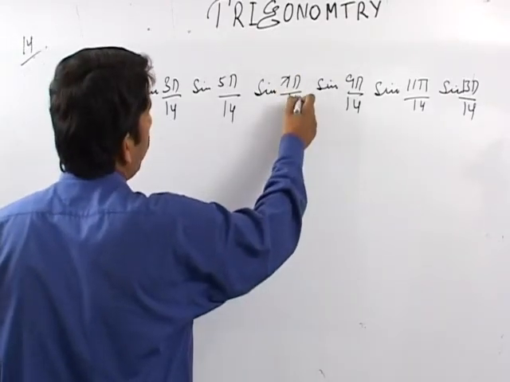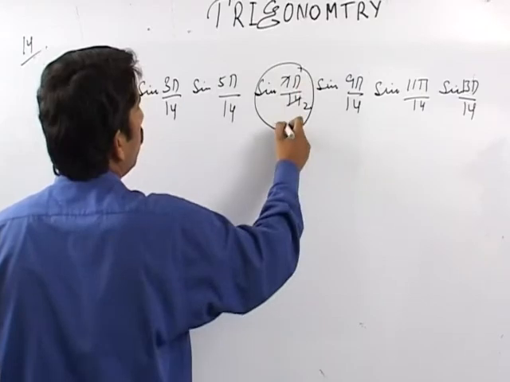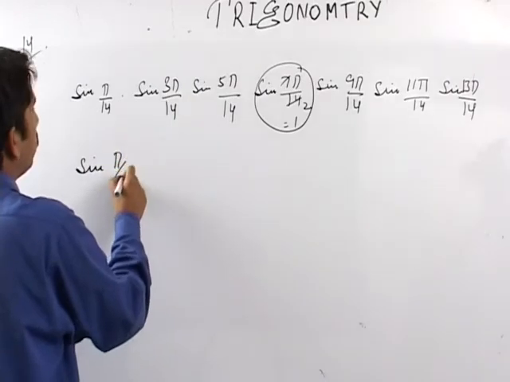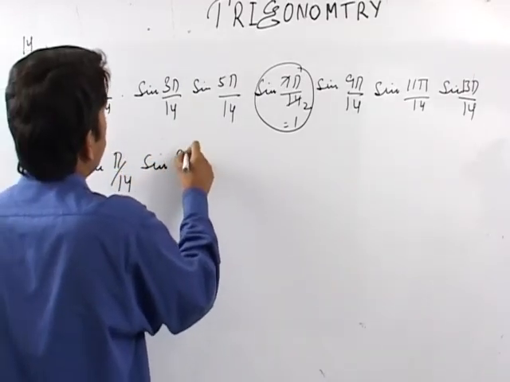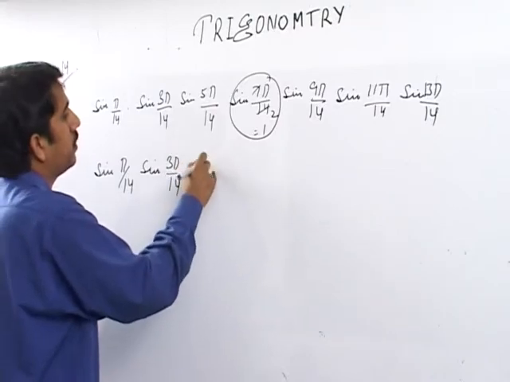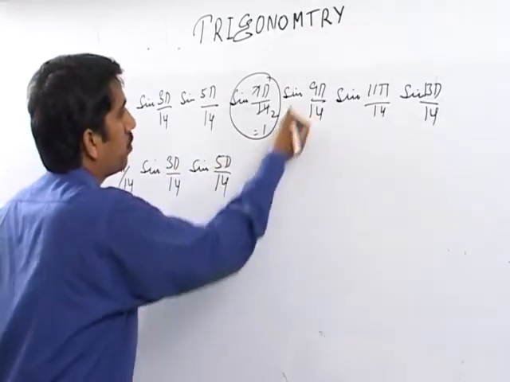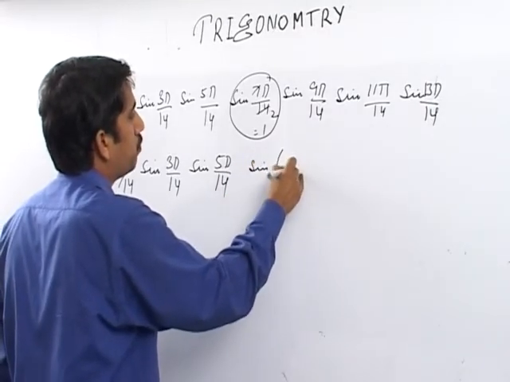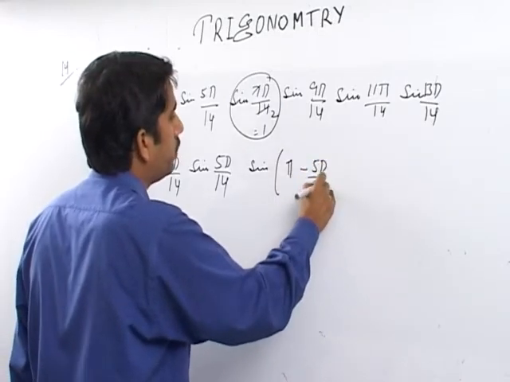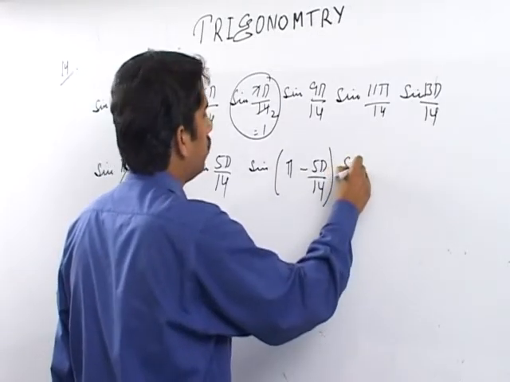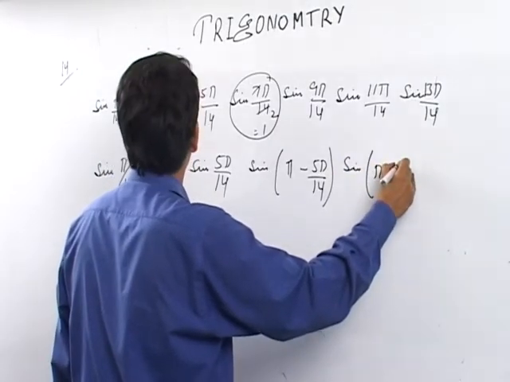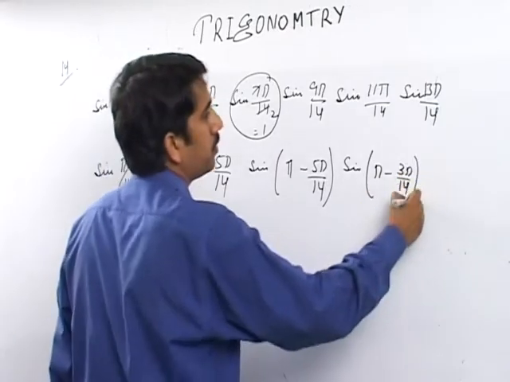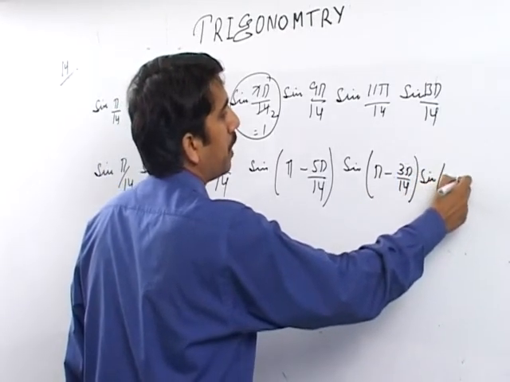Now you know that sine of pi by 2, which is 7 by 14, is equal to 1. So this will become sine pi by 14, sine 3 pi by 14, sine 5 pi by 14. And to this you can write sine of pi minus 5 pi by 14, and this is sine of pi minus 3 pi by 14, and this is sine of pi minus pi by 14.